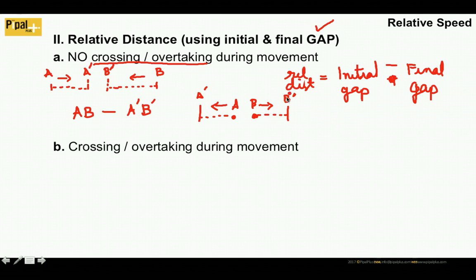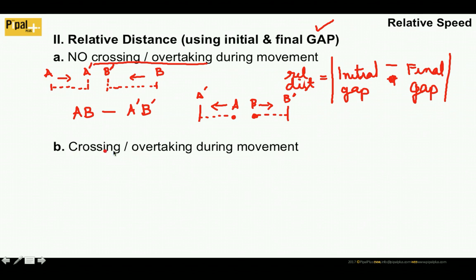The relative distance will still be the initial gap AB minus the final gap A dash B dash. The only thing to remember here is that you will need the absolute value. So please adjust the relative distance that you've calculated. If there is a negative sign, please remove the negative sign.